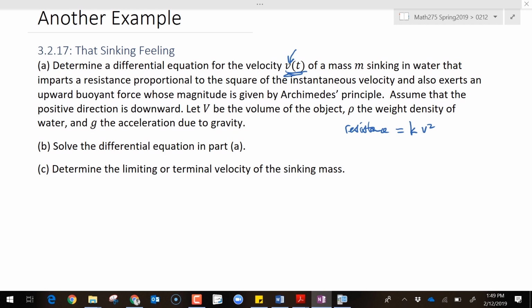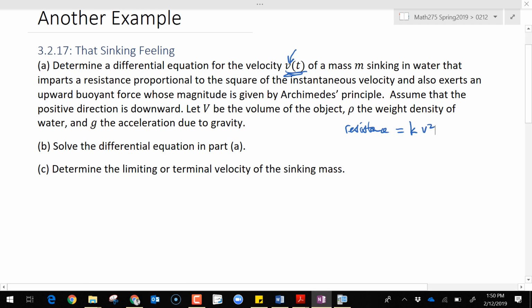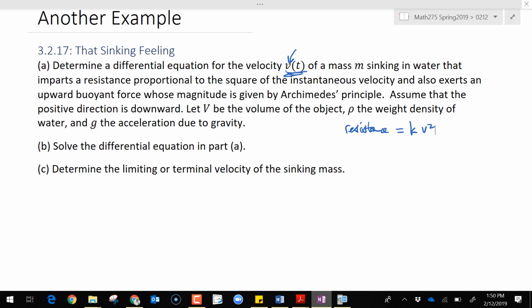Now I need to look that up. What's Archimedes Principle? You guys remember what it was? Something about force equals mass times acceleration. That's supposed to equal something.